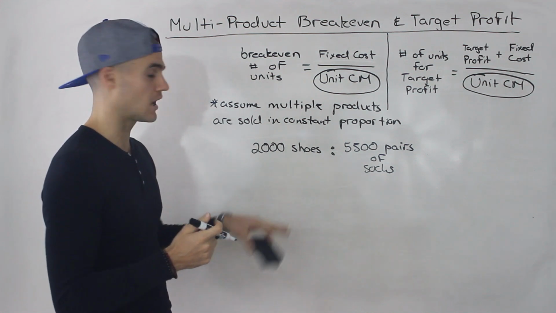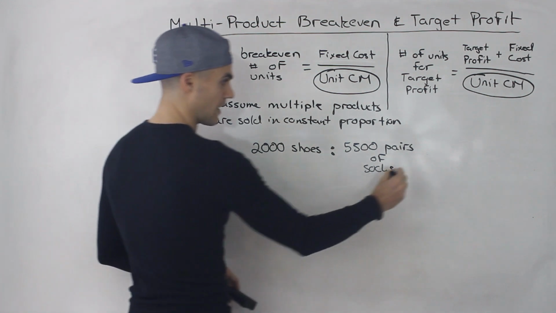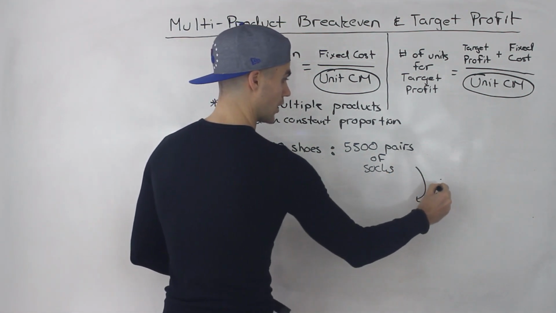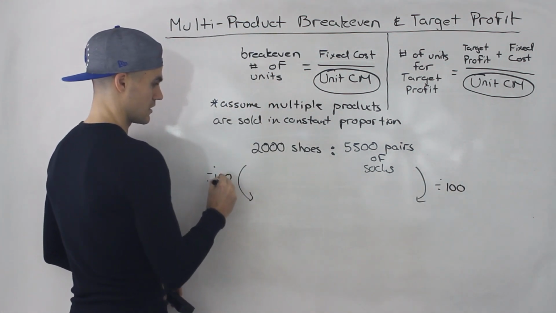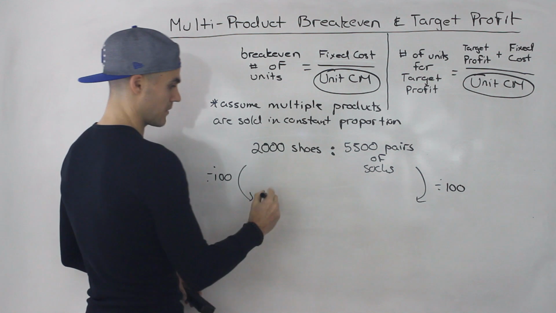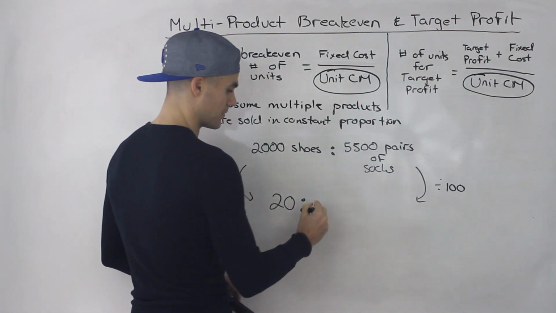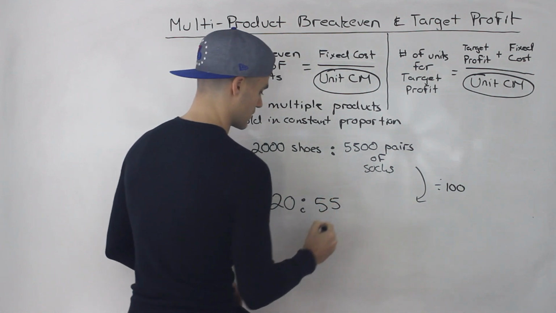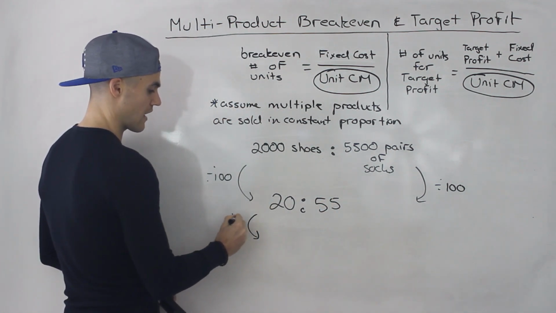It's kind of like reducing a fraction. So for example, notice that we can divide both of these by 100. So sometimes you may have to do this in multiple steps. So if I take this divided by 100, I would get 20. And then if I take this divided by 100, I would get 55. And then notice that both of these we could divide by 5.